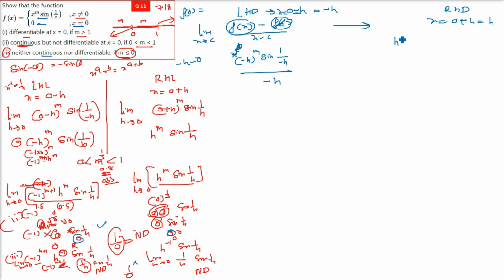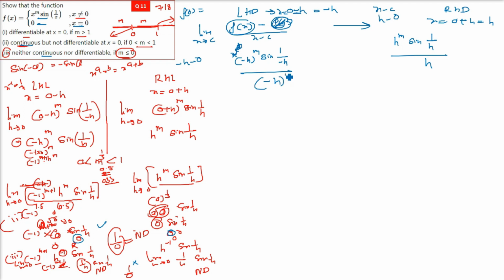Similarly, on the right hand derivative, h raised to the power m sine 1 by h minus, the value will be f(c), which is already given as 0, which we did in the LHD. So we won't worry about minus something. What is in the denominator? h minus c, which is h minus 0, which is h.